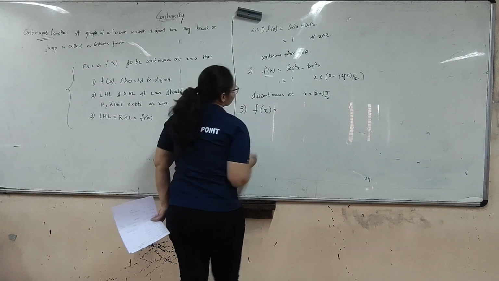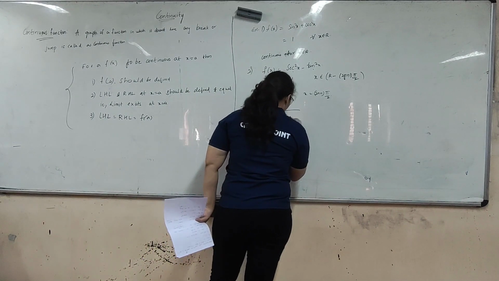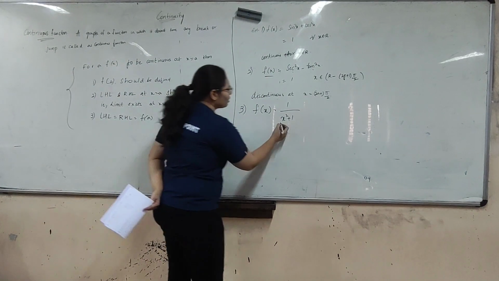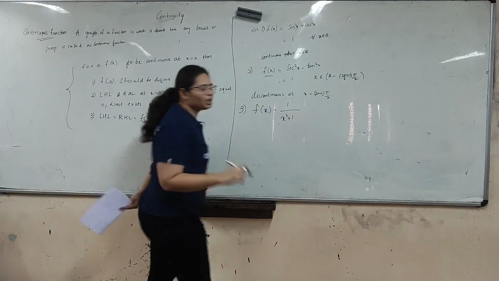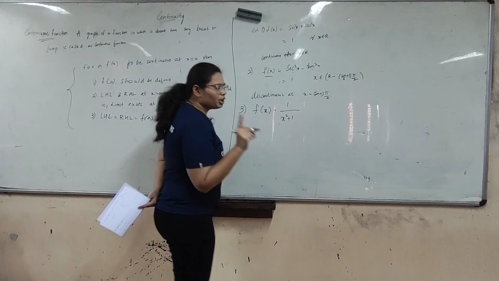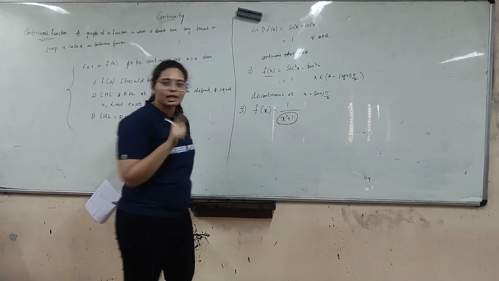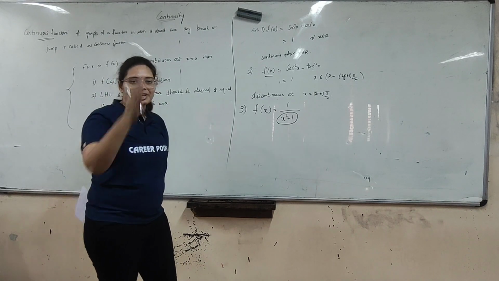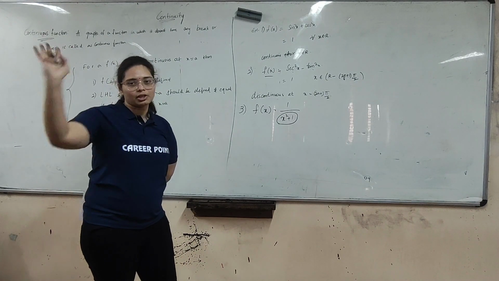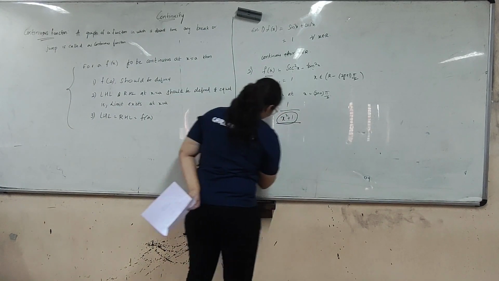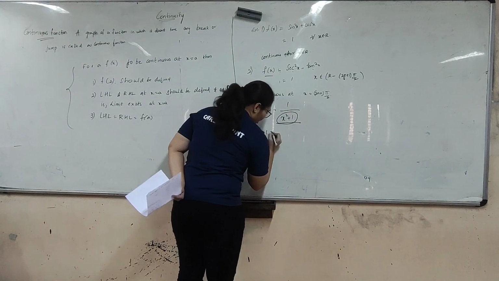f of x equals 1 by x square plus 1, right? For this function to be discontinuous, the only problem is that the denominator can be 0. If that is 0, then we will get discontinuity. Otherwise, it is always continuous, right? But see whether x square plus 1 can be 0.